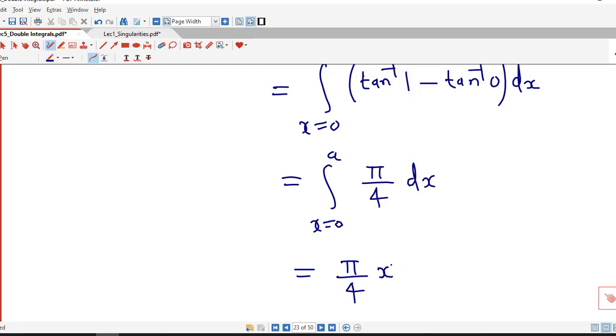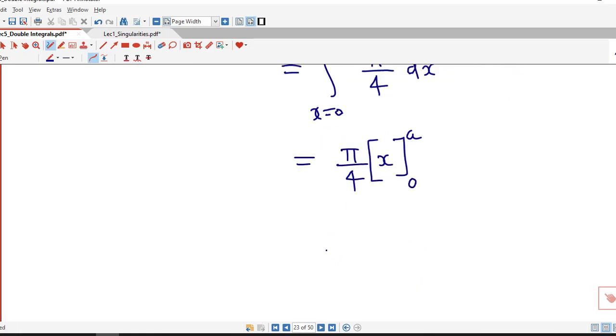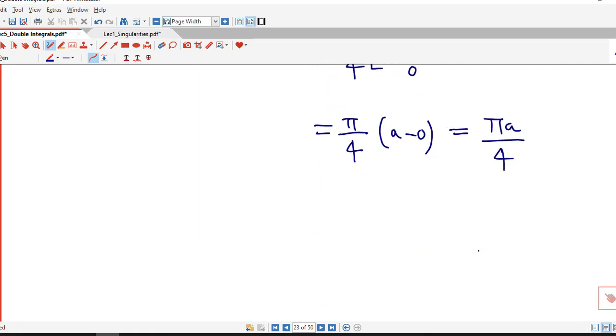The integral of 1 with respect to x is x. x is from 0 to a. So if we put limits of x we have a minus 0, so that means pi into a divided by 4.